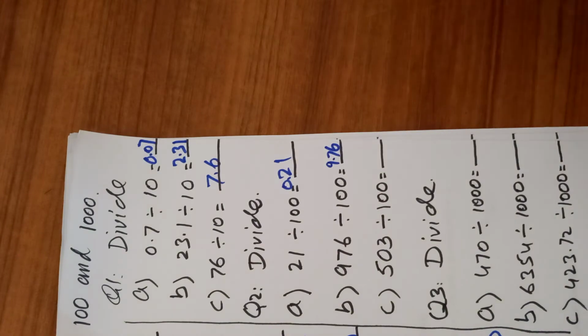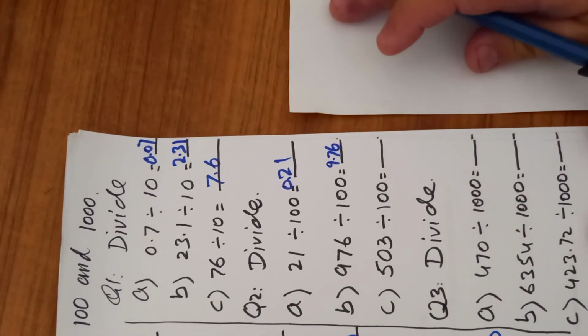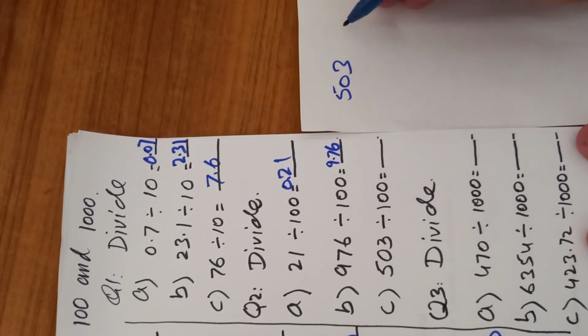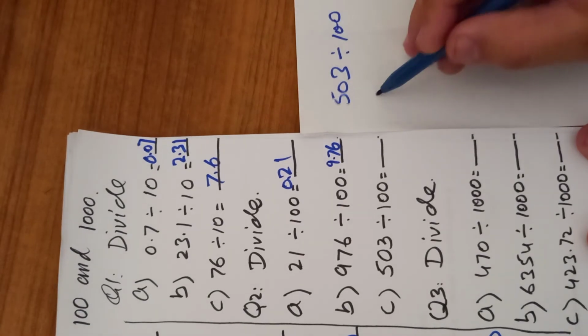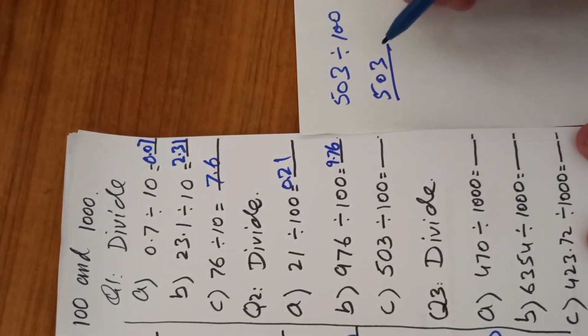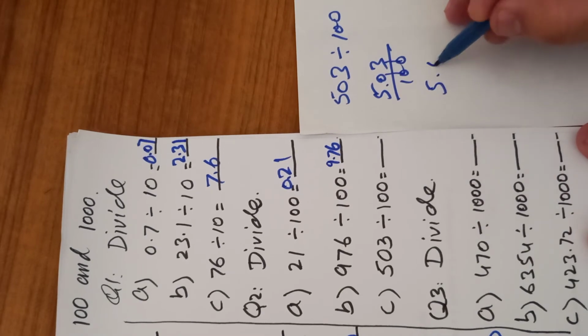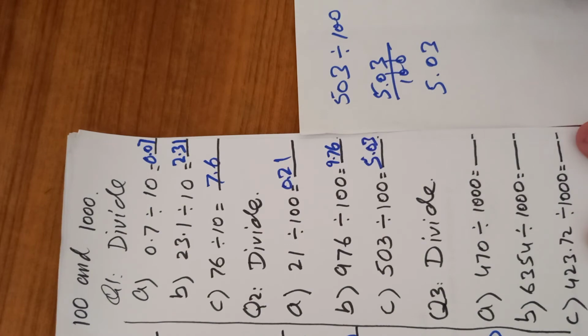Then we have 503 divided by 100. So write them in the format of A by B in fraction form. 0 for the 3, 0 for 0 and 1 decimal. So 5.03 is the answer.